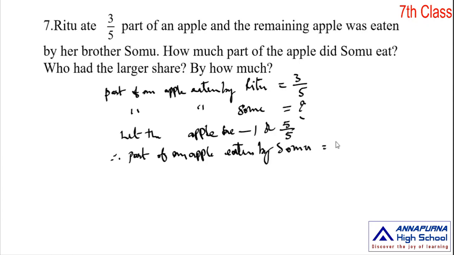Total apple is 5 by 5, you can write 1 also. 1 minus, instead of 1 I wrote 5 by 5, 5 by 5 minus part of apple eaten by Ritu, which is 3 by 5. These two are like fractions. Difference of like fractions is equal to difference of numerators by common denominator. Therefore 5 minus 3, 2 by common denominator 5. Therefore 2 by 5 part of an apple was eaten by Somu. So this is the first one.